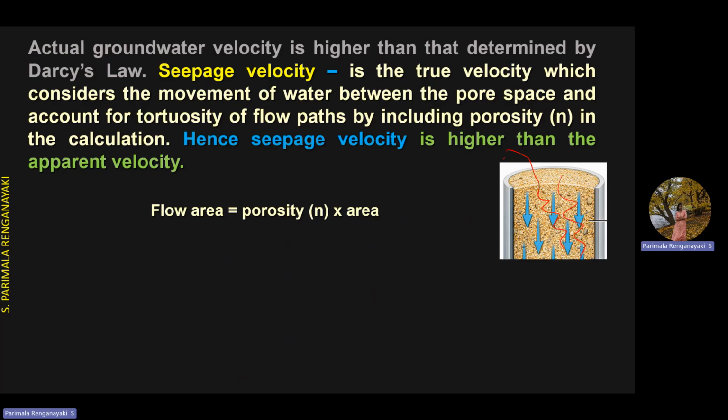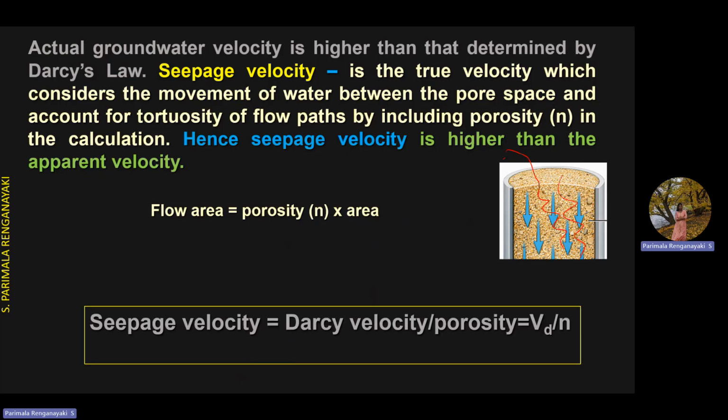Hence, which velocity is high? The apparent velocity, the false velocity, or the seepage velocity, the real velocity which is passing through the porous material? The water flow between the porous material is high. Hence, seepage velocity is higher than the apparent velocity. So in the flow area, we should consider the porosity, not just a cylinder.